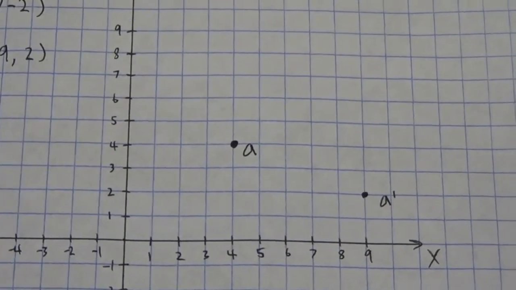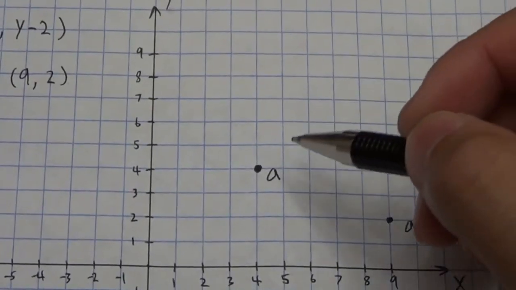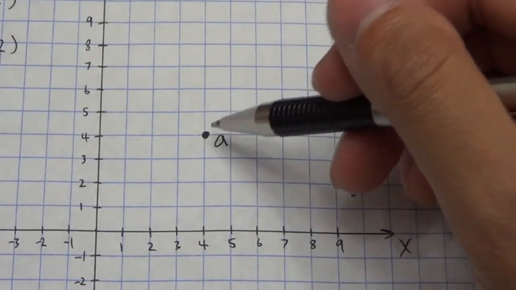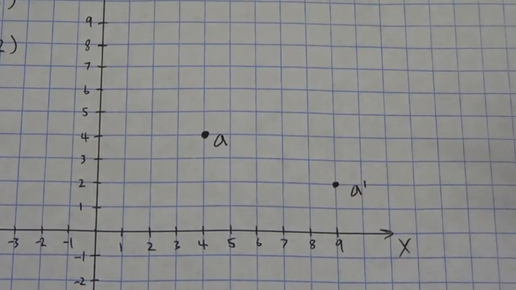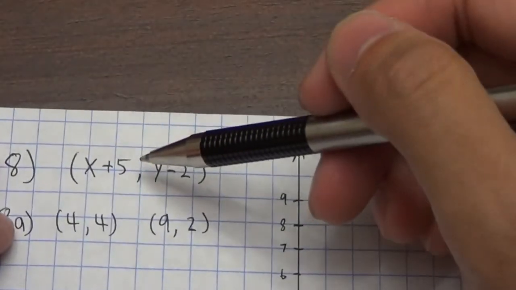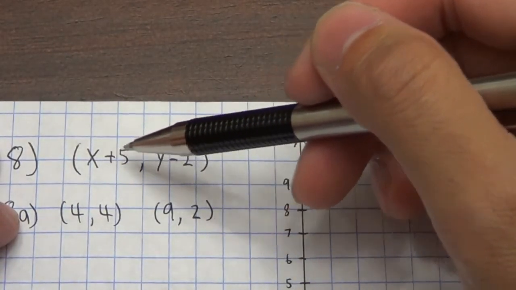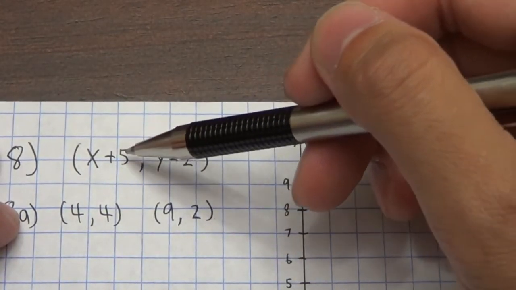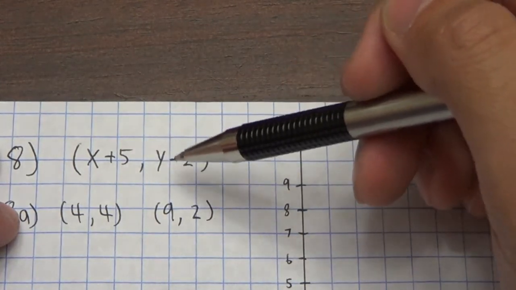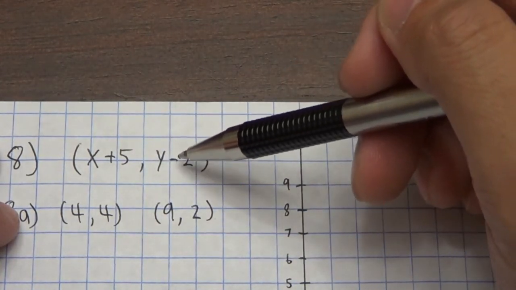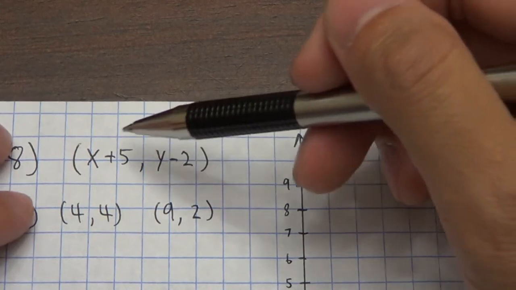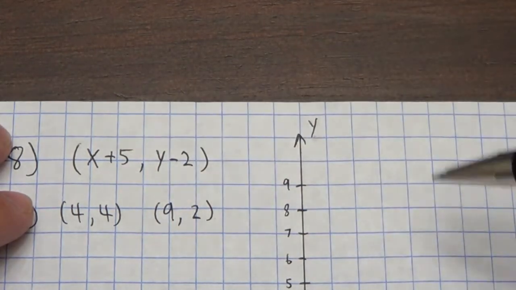Now, if you don't understand how this works, you can use the graph to help you. If you're more of a visual person, just go ahead and literally move the point on the coordinate plane. So using the rule, x plus 5 means we are moving it to the right 5 spaces. Y minus 2 means we are moving down 2 spaces. Positive is always right or up.